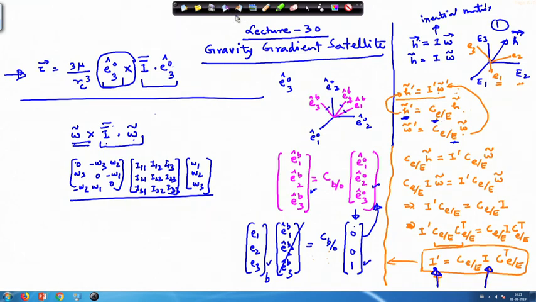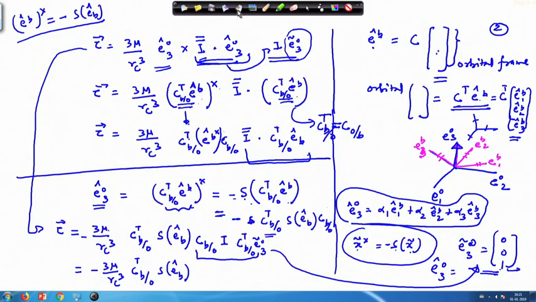So, small e is referring to the body frame. Following the same notation, what we can observe from this place, this can be written as B slash O I times, this we will put in one bracket and we will write it separately.